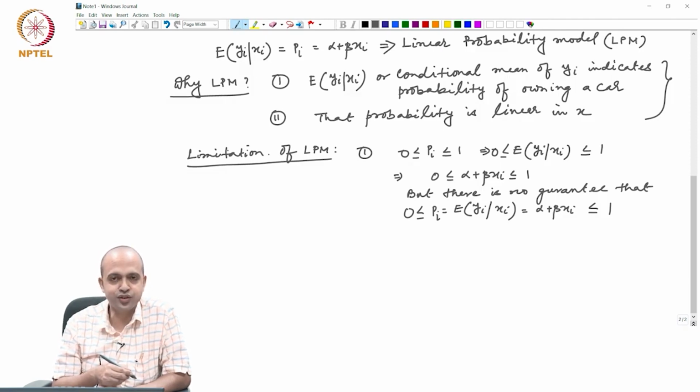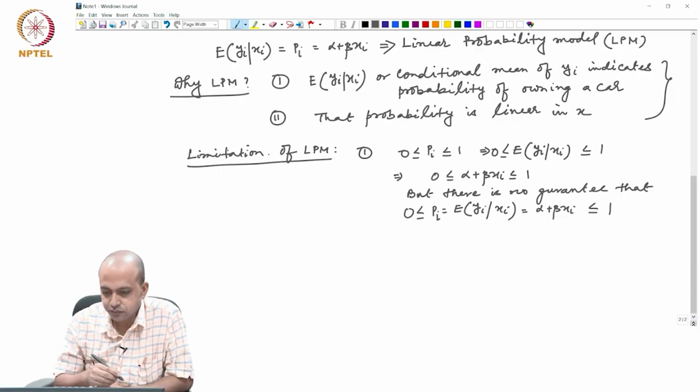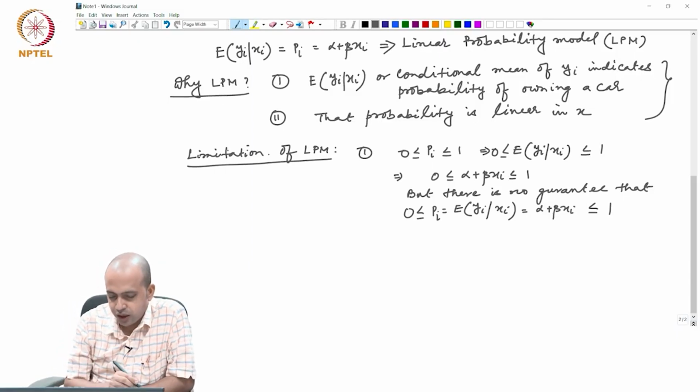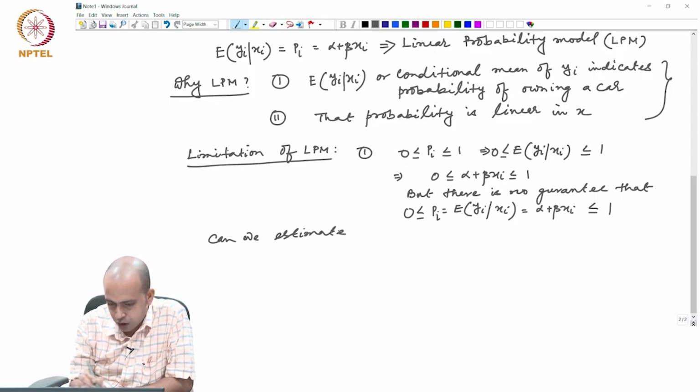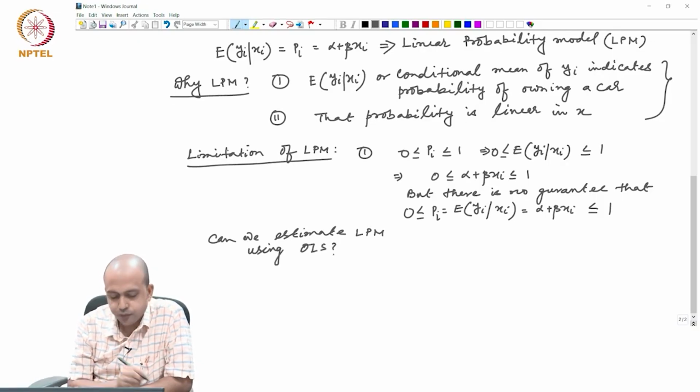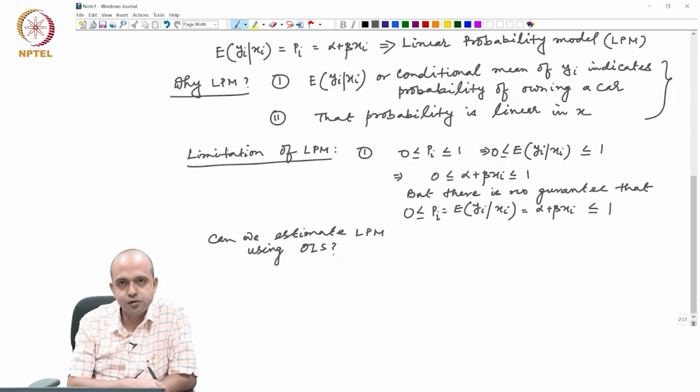What will happen if we estimate the model using OLS? So, can we estimate LPM using OLS? That is also we need to think about.